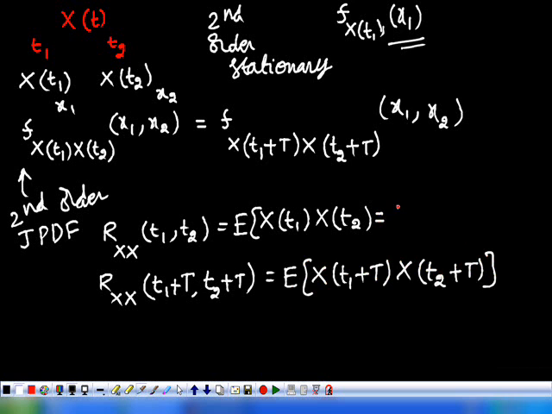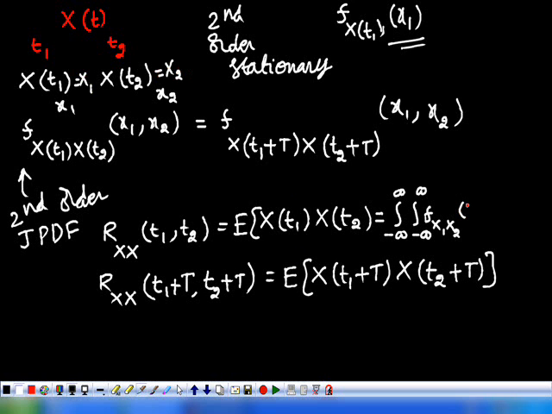So this can be written as the integral from minus infinity to plus infinity, and the integral from minus infinity to plus infinity, of f of x of T1, x of T2 at x1, x2. Let this be x1 and this be x2. For simplicity, I am eliminating the T1, T2.